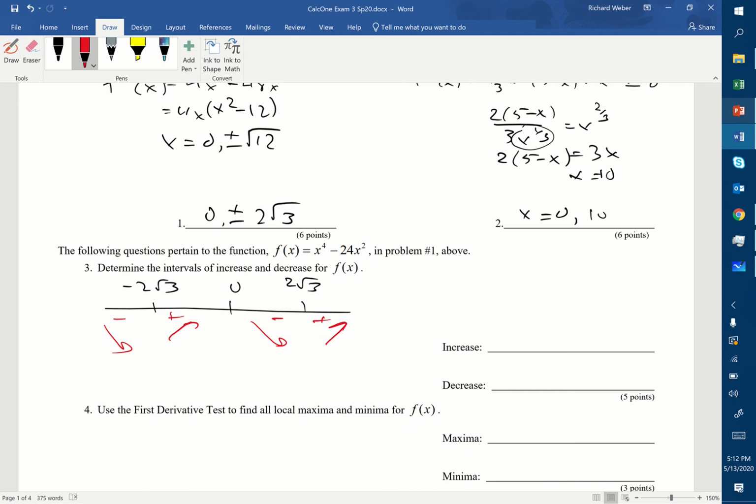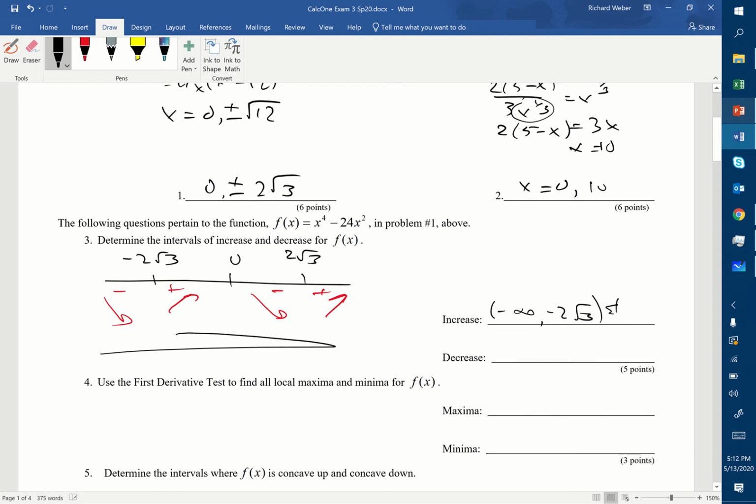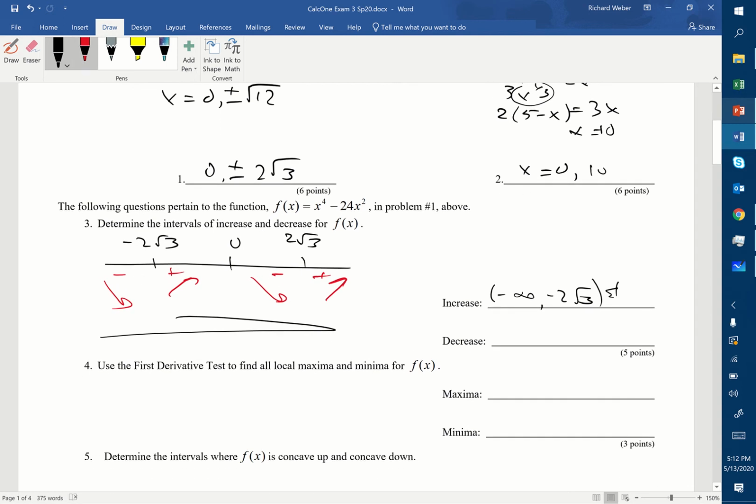So right away we have increase, decrease, and I'll let you fill in the blank for that, but that's what you're supposed to do. Basically, you start going from minus infinity to minus 2 radical 3, and so on. Okay, so you're just looking right here. For the first derivative test, what you're staring at, there's a min, there's a max, and there's a min. So you tell the world, that's what I've got.